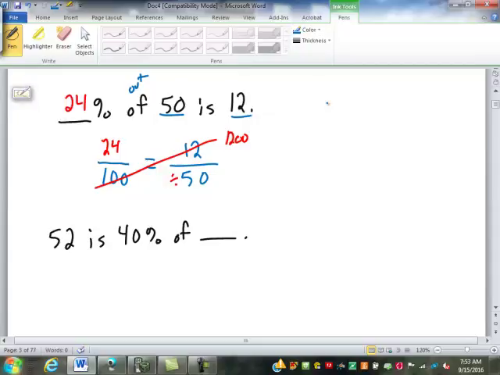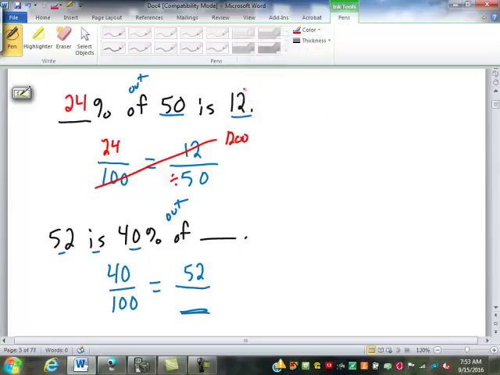This one's a little bit different yet. We have the percent here. We have 40%. So I start out with 40 over 100. So 52 is 40% of blank. Again, I would look at that and say "of blank" implies my missing number's on bottom there with the 100. 52 is 40% implies the 52 goes with the 40.